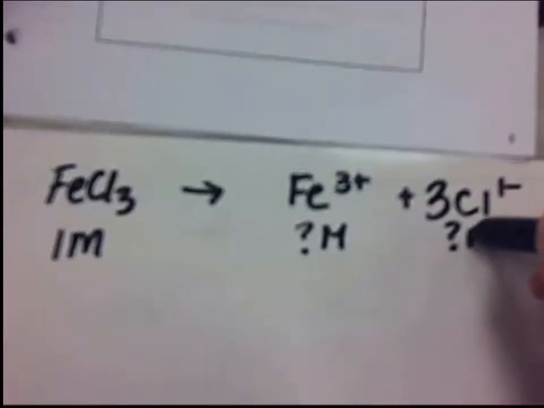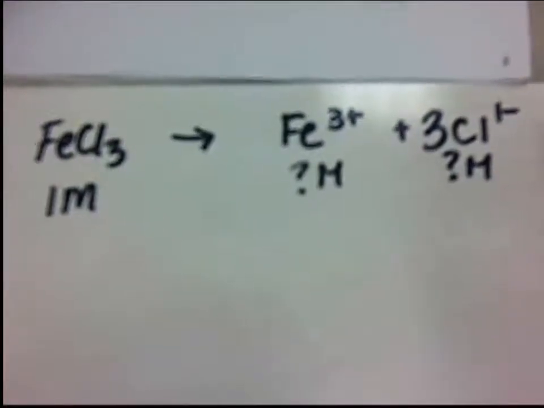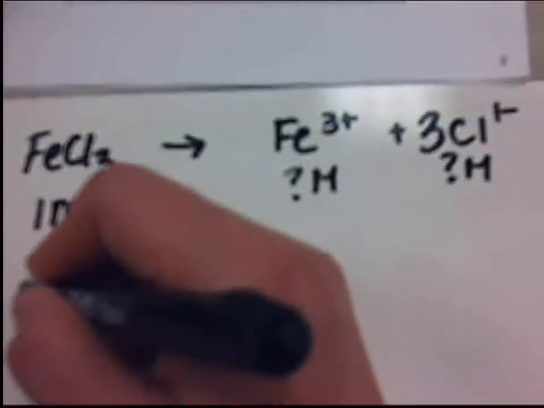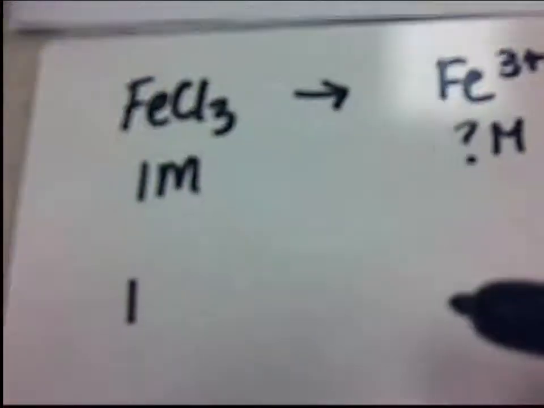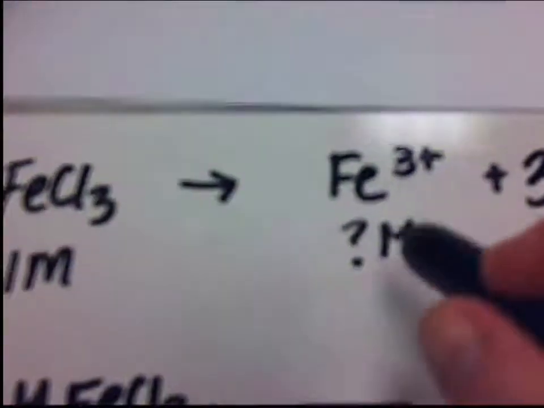Well, the neat thing is that whether it be molar or moles, you can use mole ratios or molar ratios to get us to where we need to be. So we're going to do that. You have 1 molar FeCl3, and so we're going to write down that, and then we're just going to do a ratio, just like we did with mole ratios. We're going to use the coefficients.